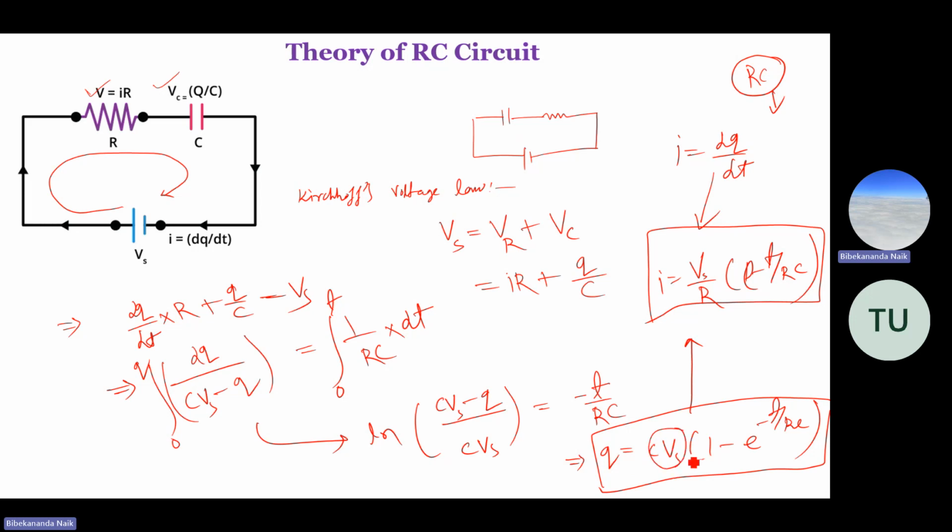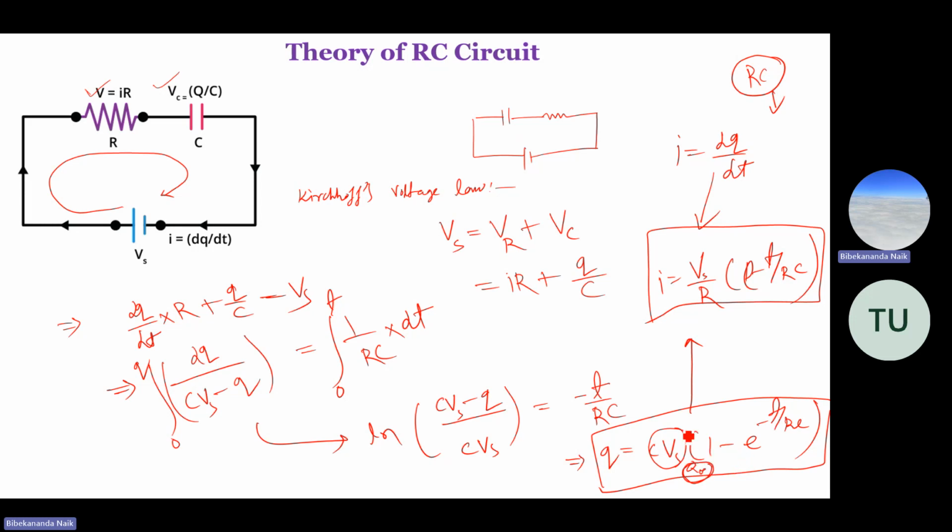This CVs is the charge which it will store after a sufficient amount of time. Suppose this is Q infinity, the maximum charge that can be stored in the capacitor in this circuit. So Q equals Q infinity times (1 minus e to the power minus t by RC). Now if you put t equals RC, then Q will be Q infinity times (1 minus 1 by e).